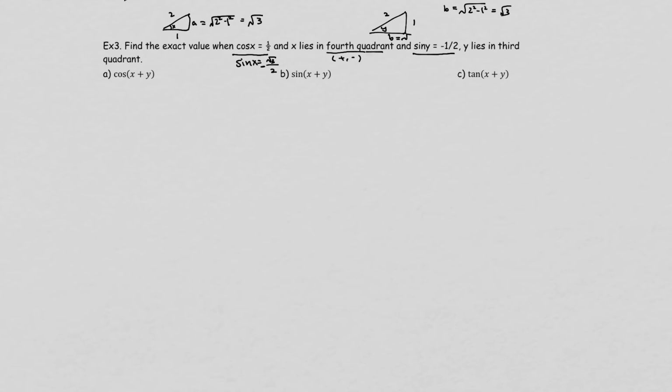So this is square root of 3. And your cosine y is going to be square root of 3 over 2. And it lies in the third quadrant. In the third quadrant, you have both negative. So sine negative, cosine negative. So you have the angle you need.